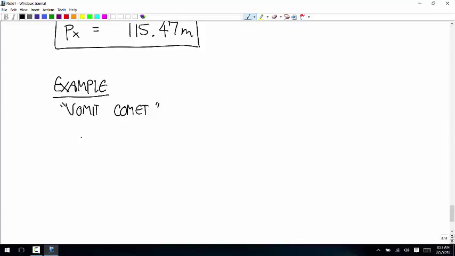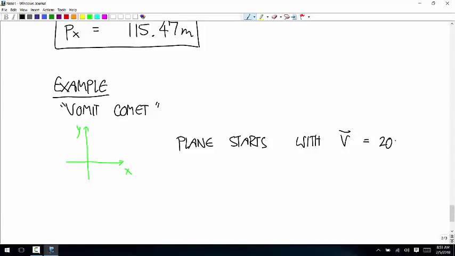And let's say that in a coordinate system with the y-axis up and the x-axis horizontal, it starts out with a velocity vector of 200 times cosine of 20 degrees, sine of 20 degrees.